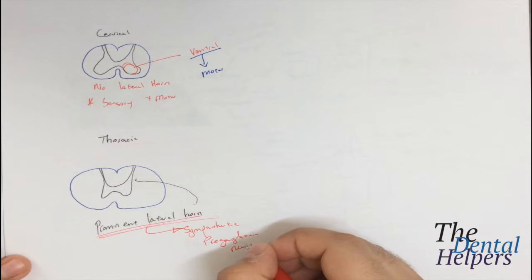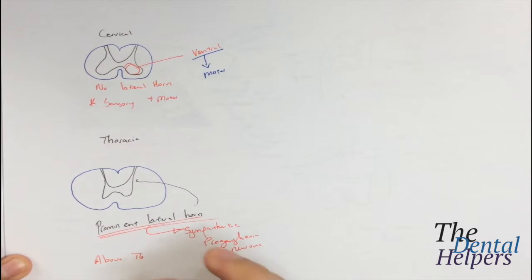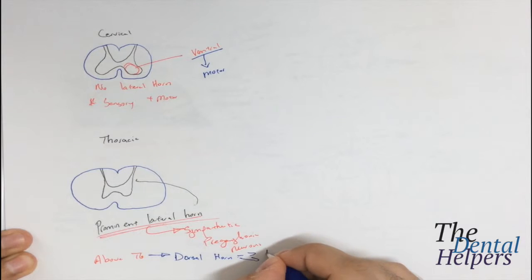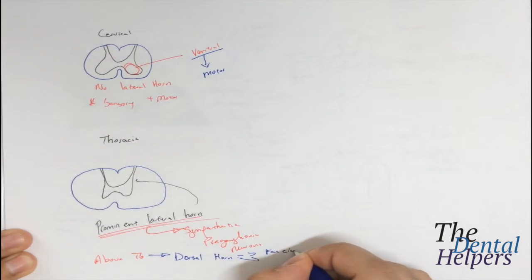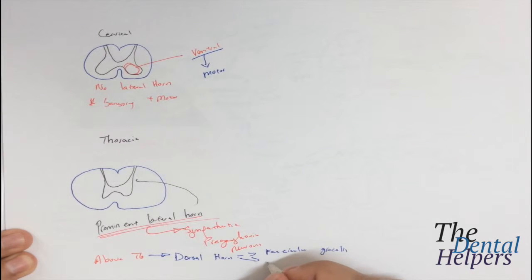And so if we're above T6, what that means is the dorsal horn is going to contain the fasciculus gracilis, and it's also going to contain the fasciculus cuneatus.